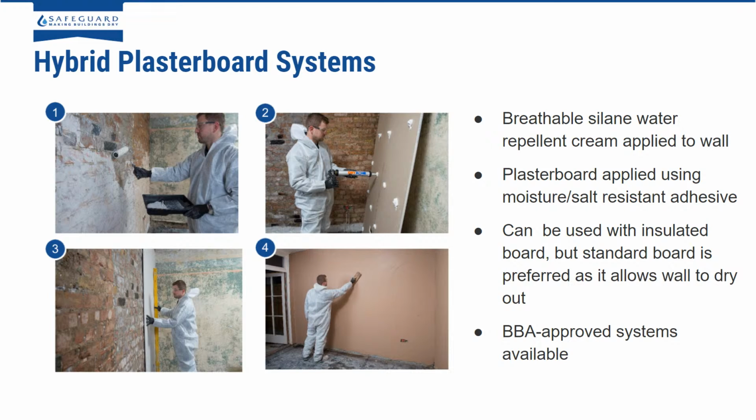Then the plasterboard is applied using a moisture and salt resistant adhesive called Dry Grip. This can be used on insulated boards, but standard plasterboard is preferred as it allows the wall to dry out behind it. This is a good BBA approved system if you're looking to fix a commercial property and you're short on time, as it allows a quick turnaround of the property.